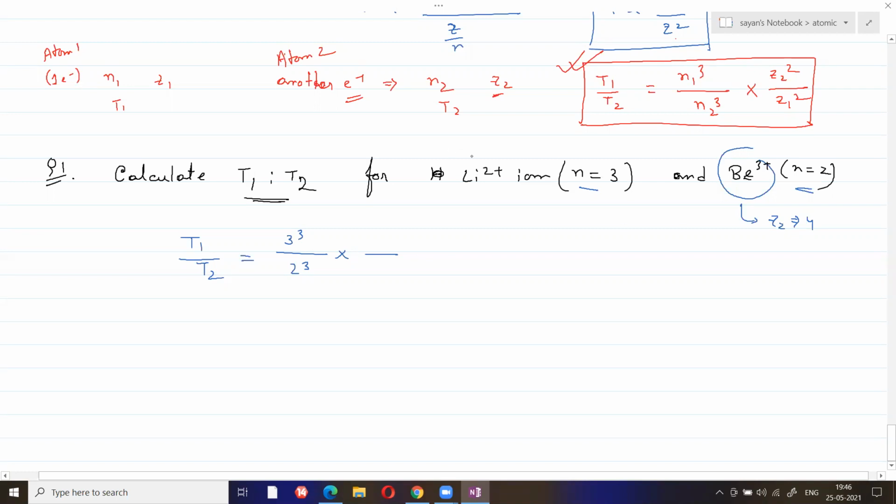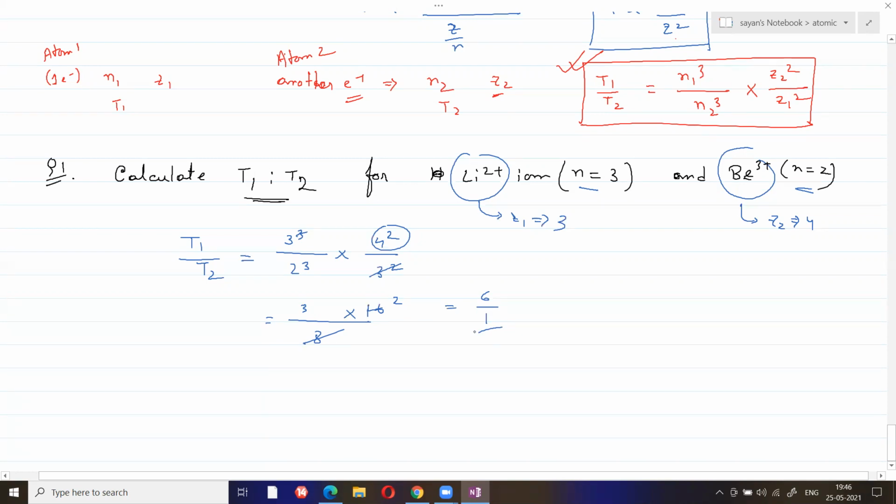Beryllium Z value is 4, and lithium Z value is 3. Just put in the values: 4 square, and this one is 3 square. Just cancel, it becomes 3, and here 8. 4 square means 16. So it's 6 is to 1, I think. Just check.